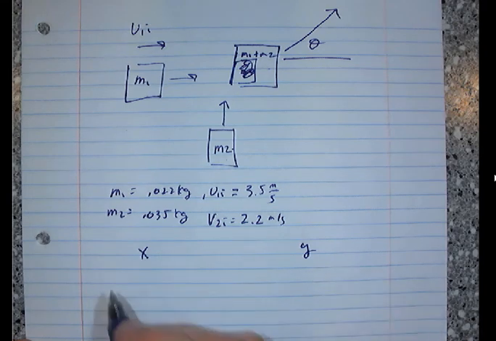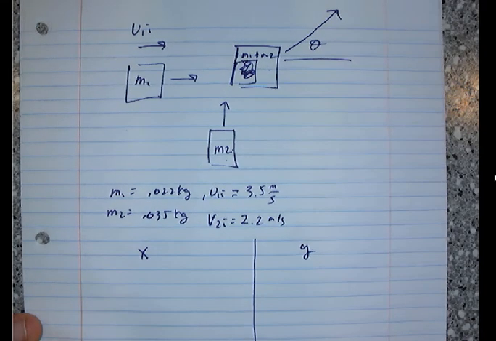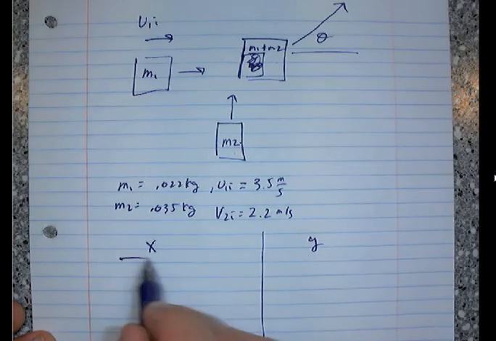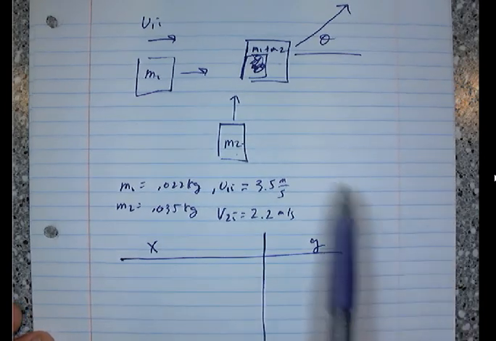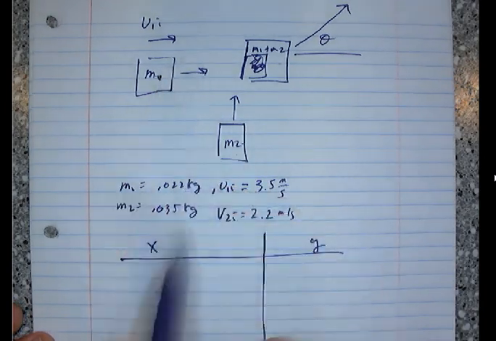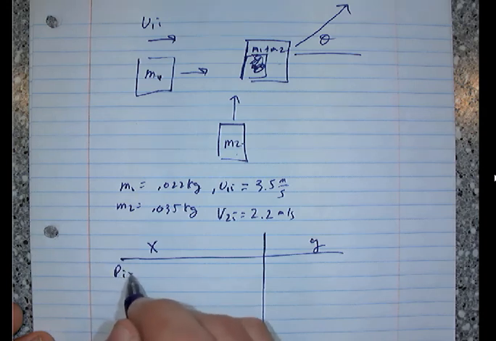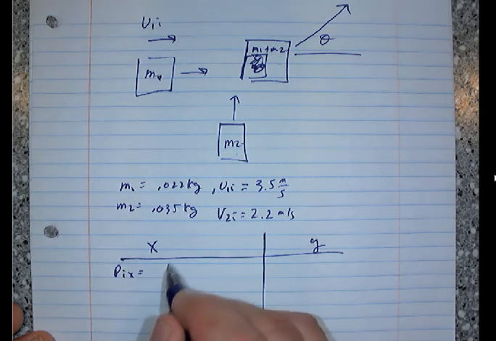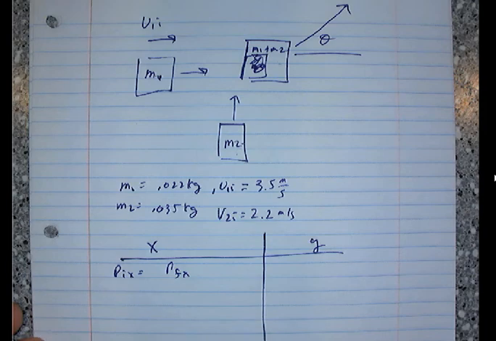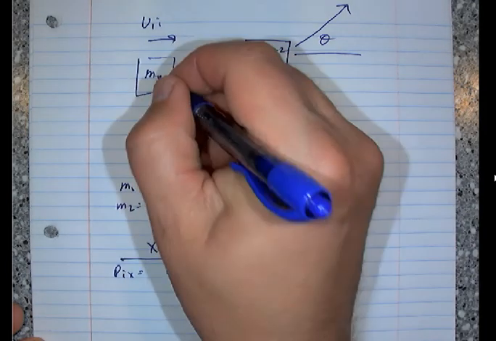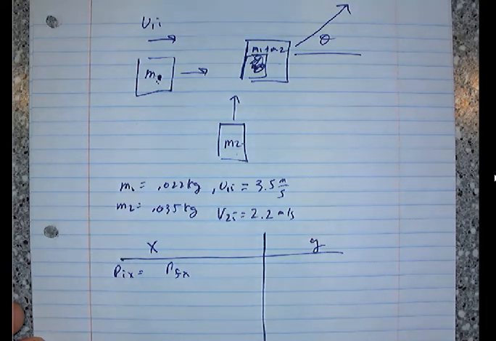Now before the collision, I'm going to do these separately. So before the collision, the only momentum that we had in the x direction was because of this one. So the initial momentum in the x direction is equal to the final momentum in the x direction. And again, the only momentum in the x direction initially was because of mass 1, because mass 2 is not traveling in the x direction.